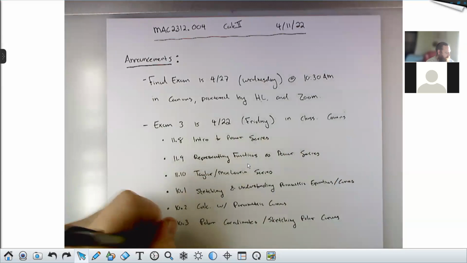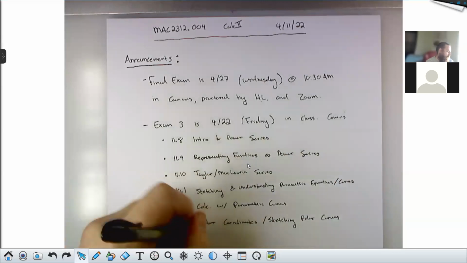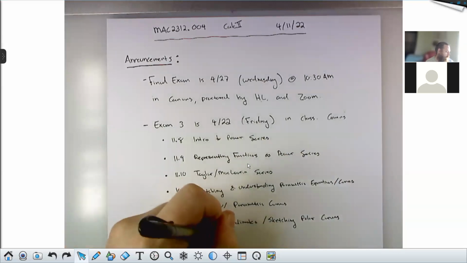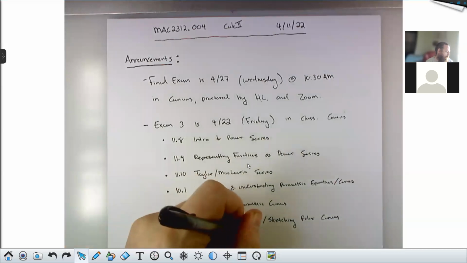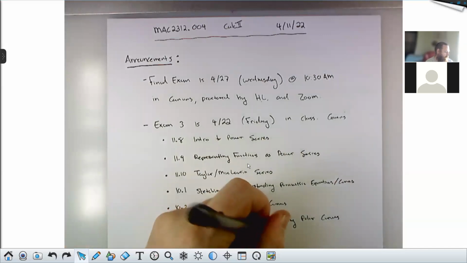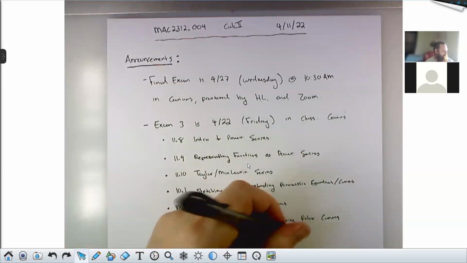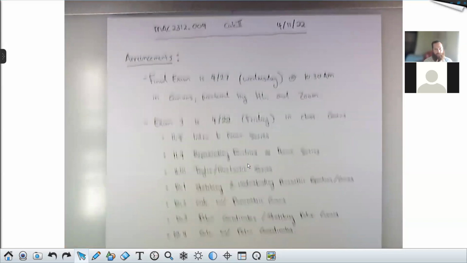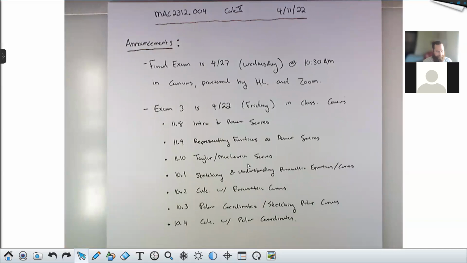And finally, section 10.4, which is on calc with polar coordinates. So these are the sections that will be represented on exam 3. And that test is going to be on the 22nd, which is a week from this Friday.